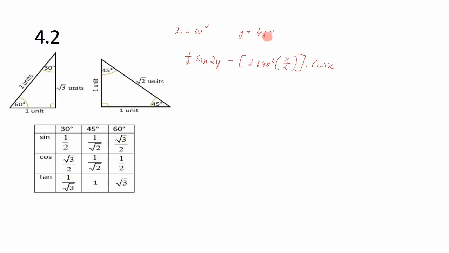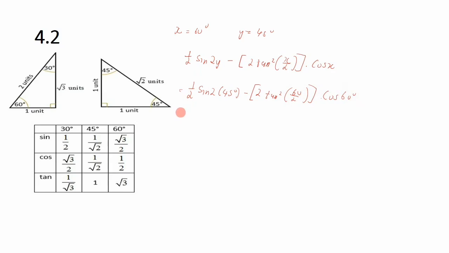Now we have to come here. Where I see y, I substitute 45, and where I see x, I will have to substitute 60, right? So I have half sine 2 times y, which is 45 degrees, and then here I have 2 tan squared, x is 60 degrees over 2, close the bracket, then cos, again x is 60 degrees.